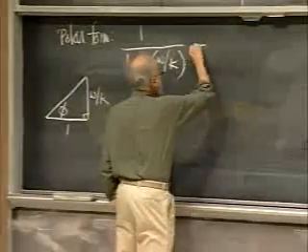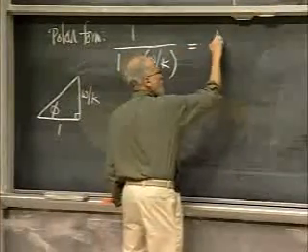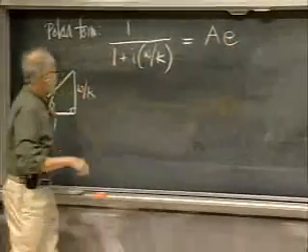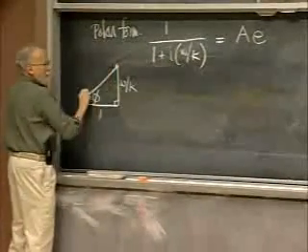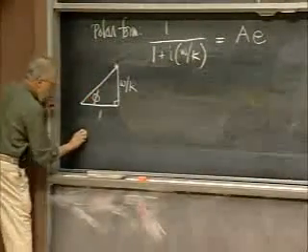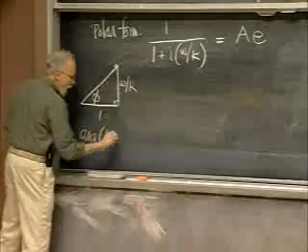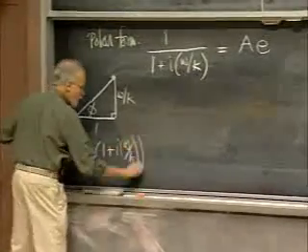Okay, now, this is going to be a complex number times e to an angle. Now, what's the angle going to be? Well, this is the complex number, the angle for the complex number. So the argument of the complex number 1 plus i times omega over k is how much?